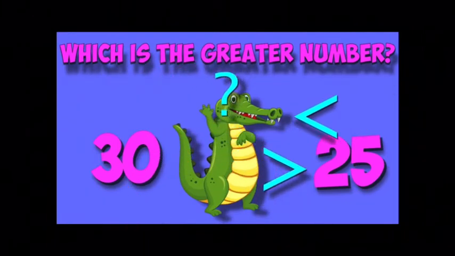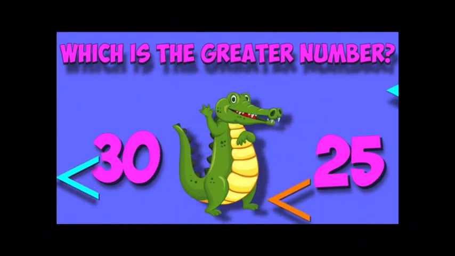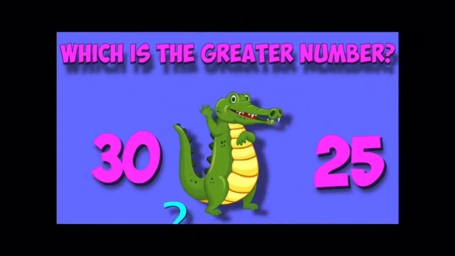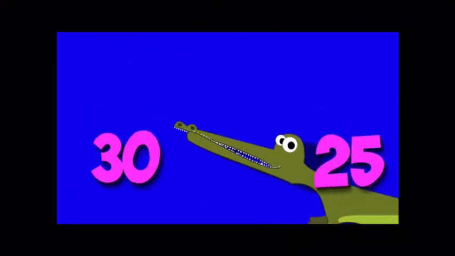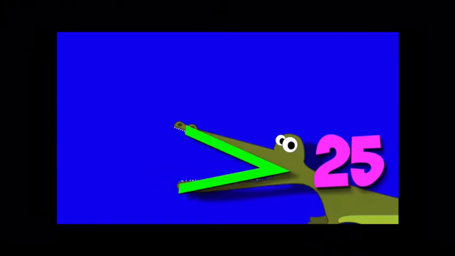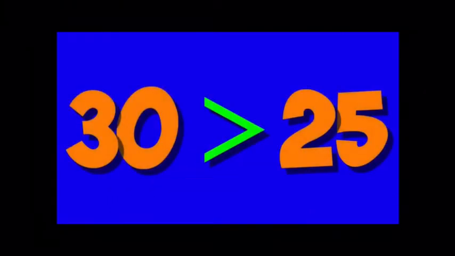Now he's gonna eat the 30 because it's greater than 25. He always eats the greater number. The wide end of the sign faces the greater number 30, and the small side points to the number 25.